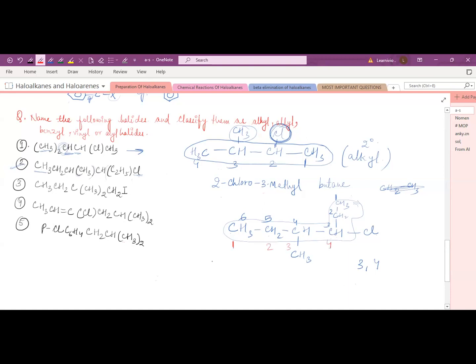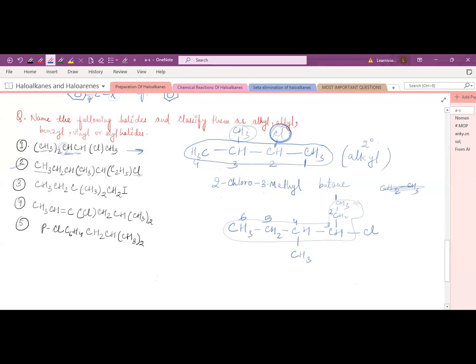Again, the same thing. If you start numbering from this side also, the substituents will get 3 and 4, and here also the substituents will get 3 and 4. Right, so whether you want to start the numbering from the left side or right side, it is up to you. Okay, so I'm starting the numbering from the right side.